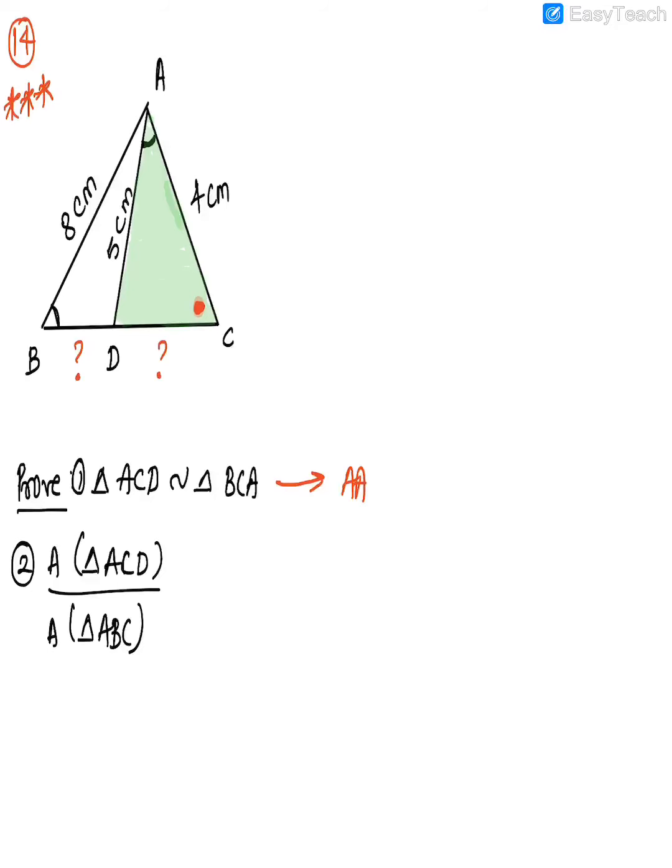We do not know. CD is how much? That also we do not know. CA is equal to 4. DA is equal to 5. AB is equal to what? 8. So if you cross multiply, you will find CD is equal to 10 centimeter and you will get BC, on solving, 6.4 centimeter.